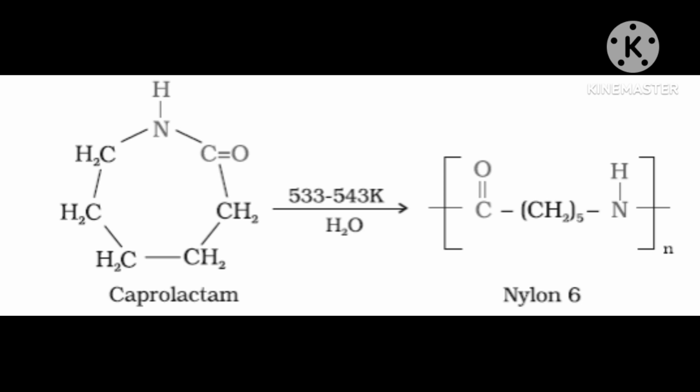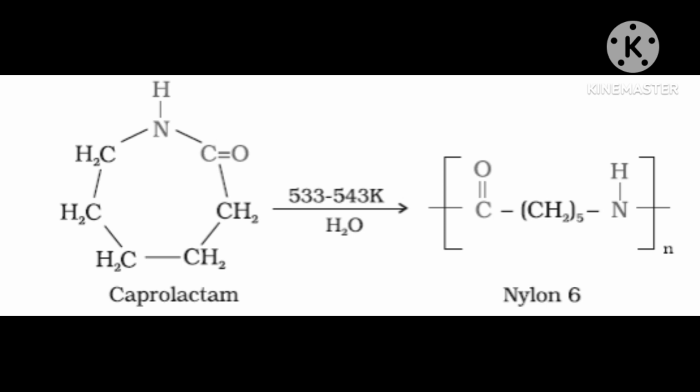It was in ring form, and after breaking the bond it will become a straight chain. One end will be NH, the other end will be CO. Because the bond is broken, nitrogen will have 1 electron, carbon will have 1 electron, or you can say both have an open hand, the simple way.